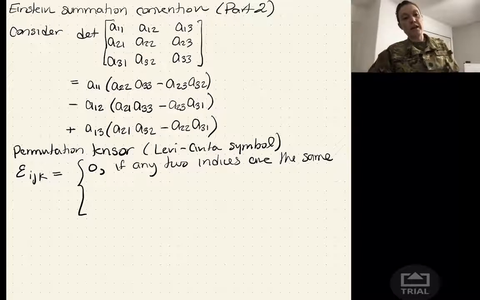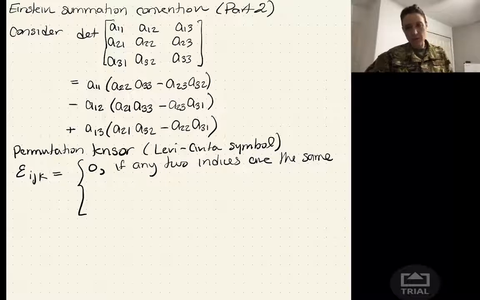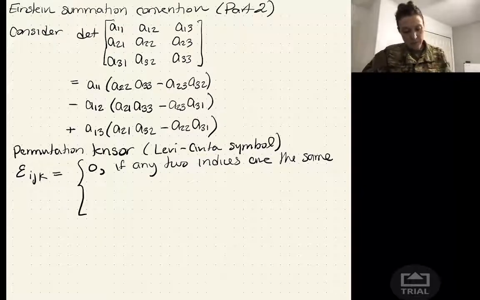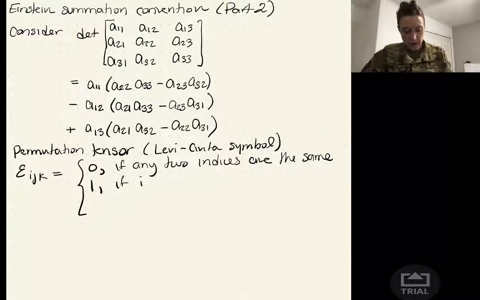So say if you had epsilon 113, epsilon would be 0 because 2 of the indices are equal to 1. Epsilon is equal to 1 if i, j, k is an even permutation of 1, 2, 3.